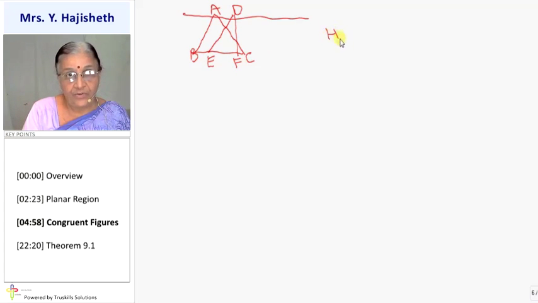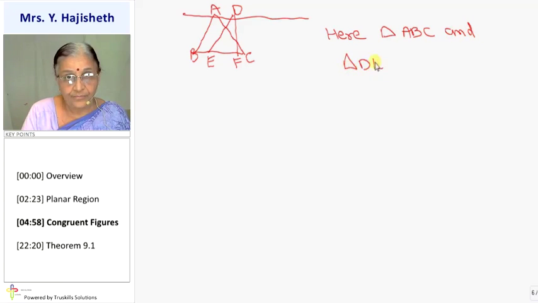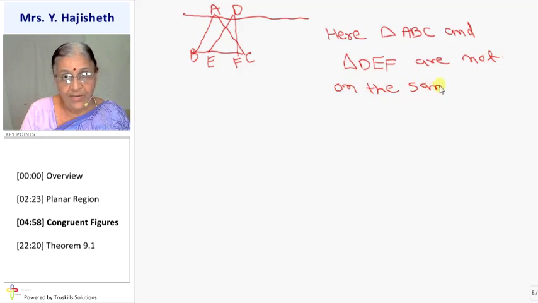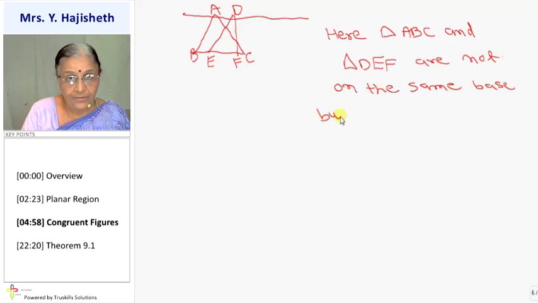Here in the figure you see triangle ABC and triangle DEF are not on the same base, but they are between the same parallels.